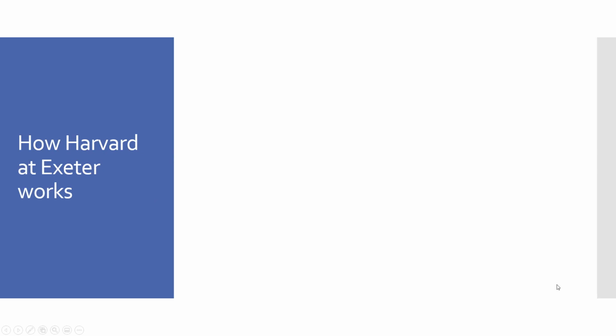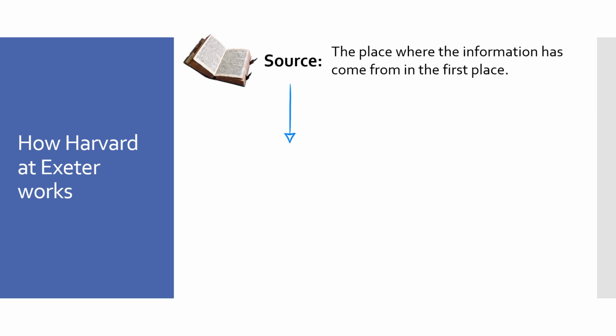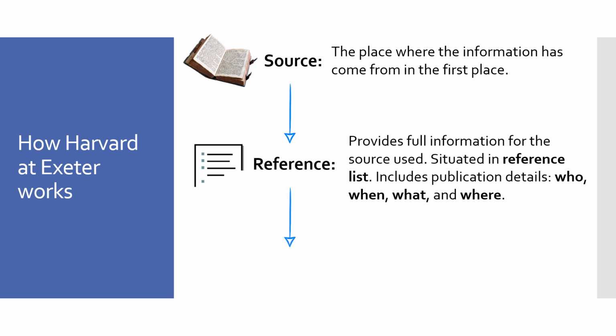Now, how does referencing work, or Harvard at Exeter work? First, you have a source, so the place where the information has come from in the first place. Then we have the reference, which provides full information for the source used.